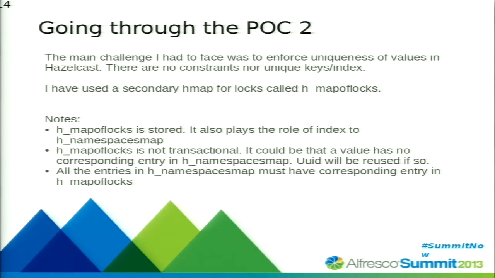This is something I didn't say as well: in Hazelcast you can declare some index on your values. Therefore, you're not obliged always to go with the primary key, with the key of the map, to retrieve an element. You can go using an index. And that index is also maintained for you in Hazelcast.